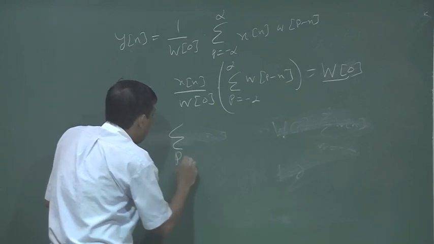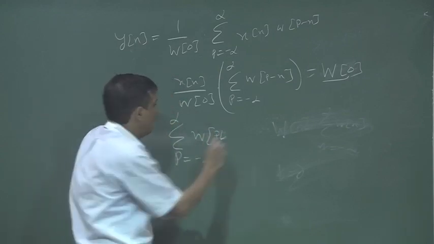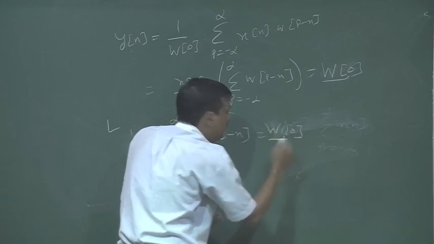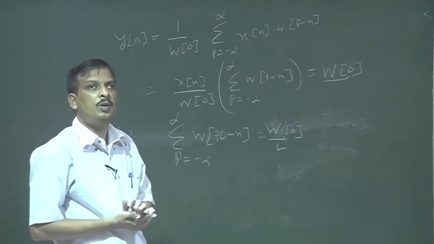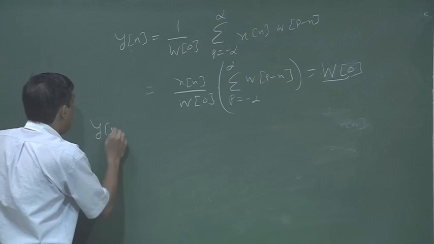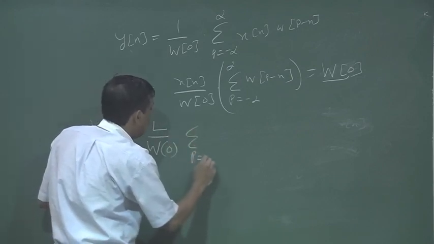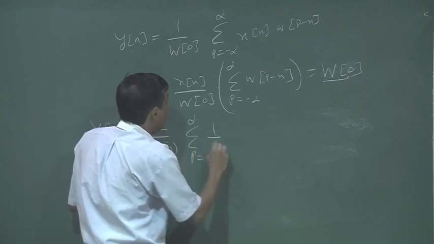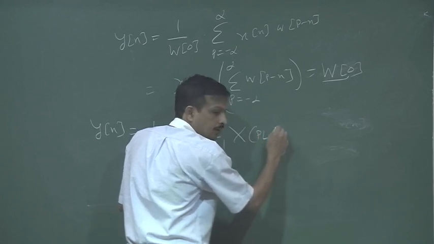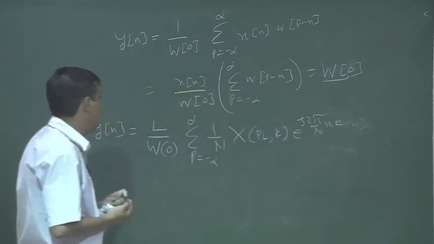So it is the sum over p from minus infinity to infinity of w of pL minus n, which is nothing but capital W0 divided by L. So instead of shifting one sample, take the sum; then Yn is equal to L by W0 into the sum over p of 1 by N times X of pL, k, e to the power j 2 pi by N into nk. This is the synthesis equation.